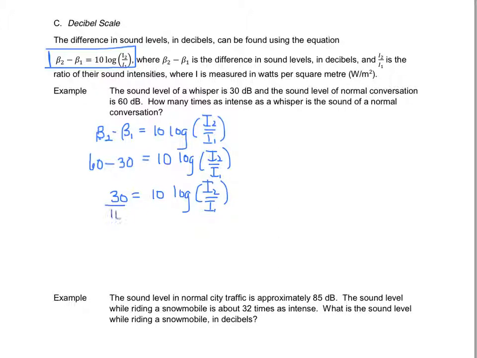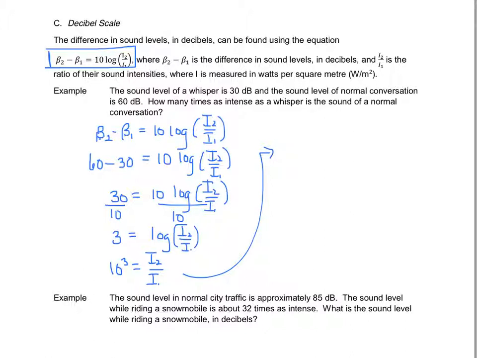Divide both sides by 10. So 3 equals log I2 over I1. Switching that to exponential form, we have 10 to the exponent 3 equals I2 over I1, which means the ratio of intensities is 1,000.